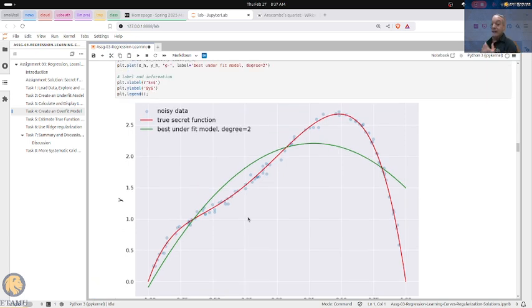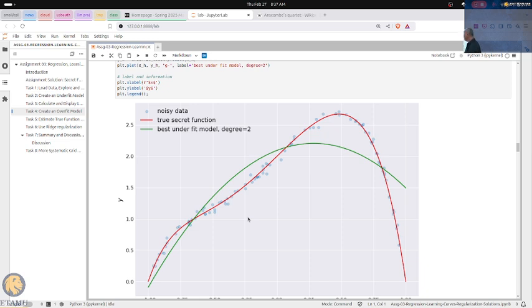So here we'll notice that for the underfit function, you were fitting a quadratic, just a power 2. If you knew what the true secret function was, you could compare. So this is another reason why you might want to come back and look at the example solution. For the model that you end up fitting, you could visualize how it actually performed with respect to the actual function that was being used to generate the noisy data.